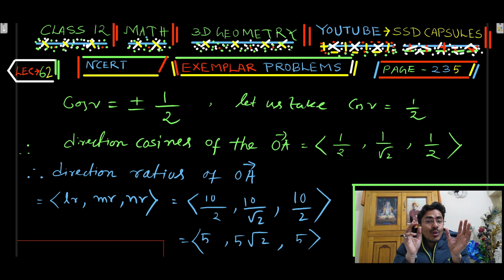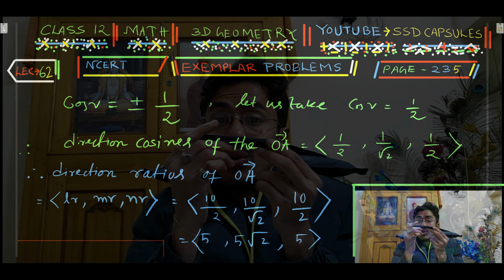Also, if you go through all my previous lectures in our three-dimensional geometry lecture series, you know that if a vector in space is given and its direction ratios are a, b, c, then this vector can be written as a i cap plus b j cap plus c k cap.